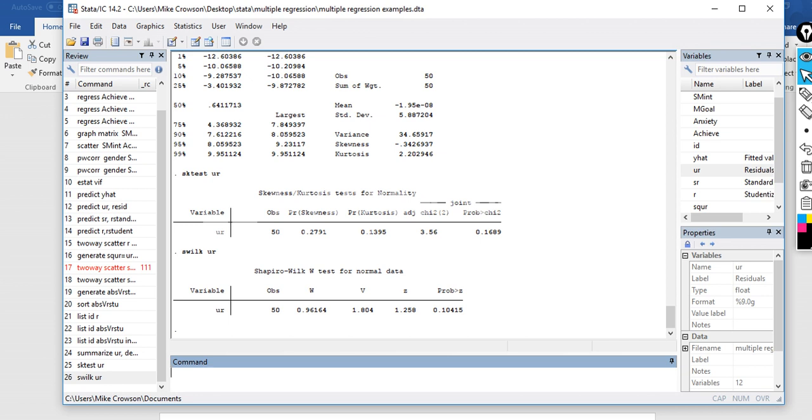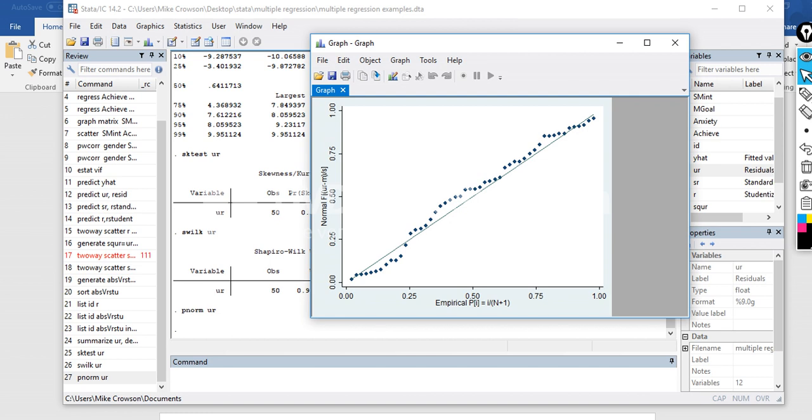Okay, so then we can also look at normality visually by looking at PP and QQ plots. I can type in pnorm UR, and this is a plot of your data against what would be expected with a normal distribution.